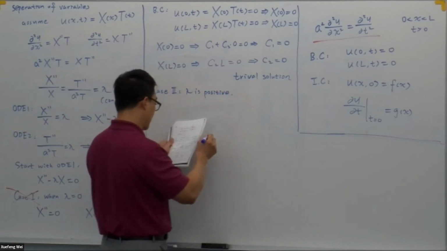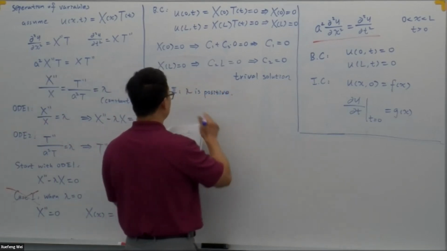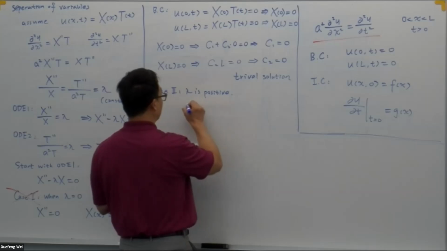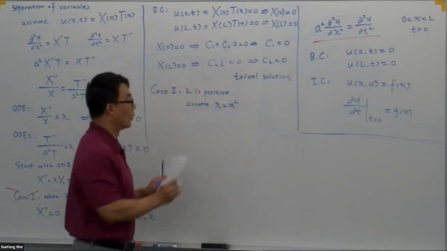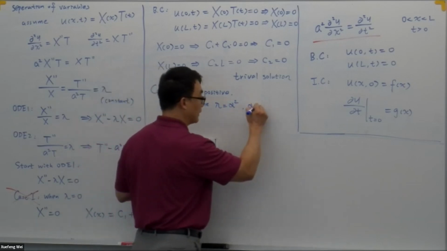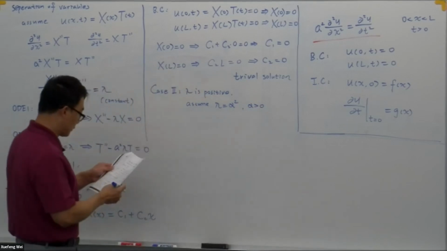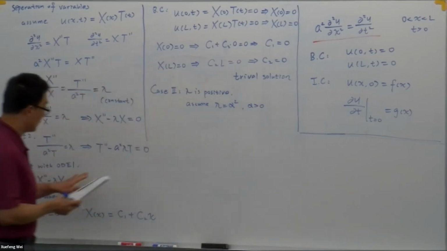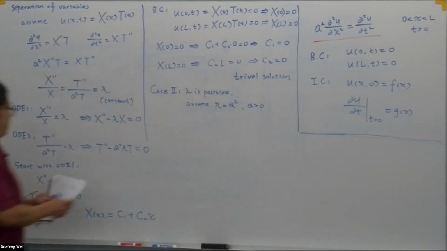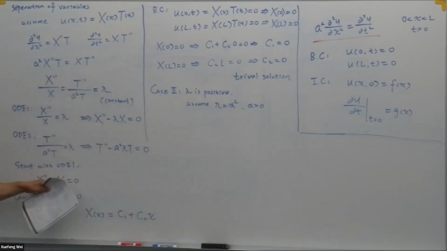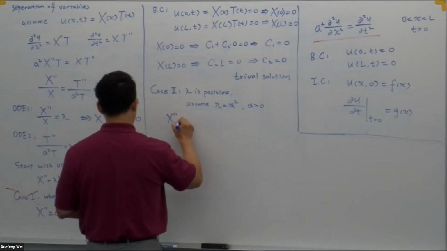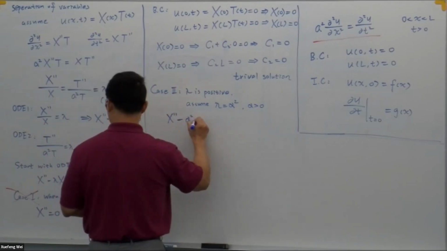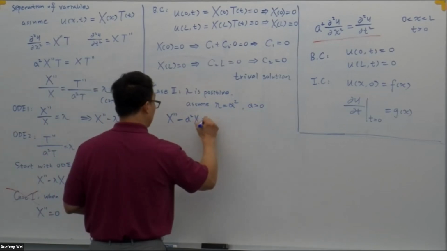We can assume lambda equal to alpha squared, where alpha is bigger than zero, so that our equation, this ODE, becomes x double prime minus alpha squared x equal to zero.